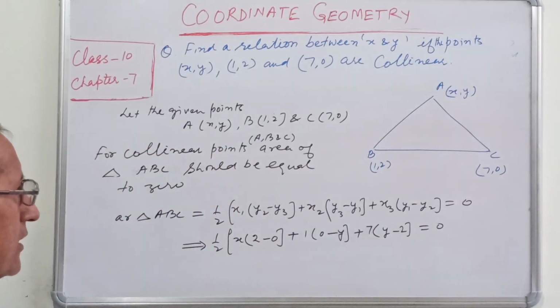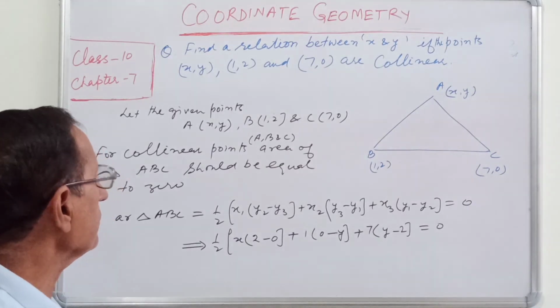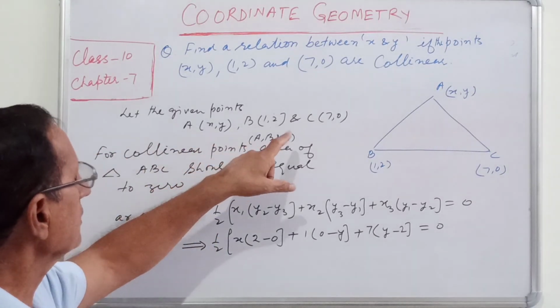The area of the triangle is equal to 0 if the points are collinear.